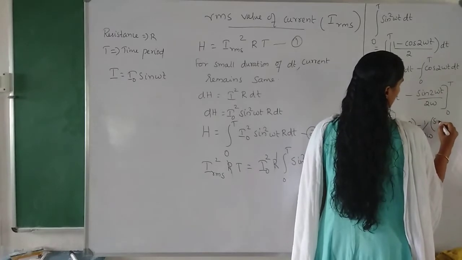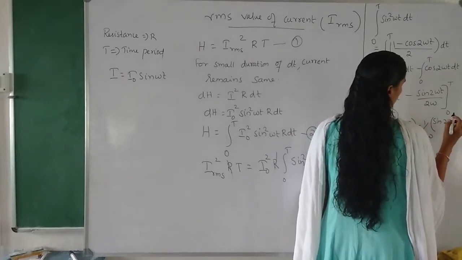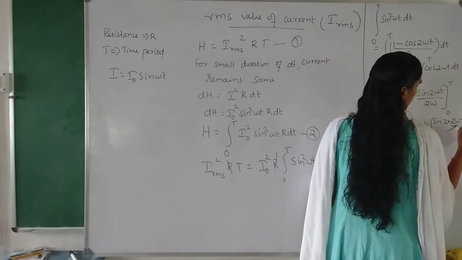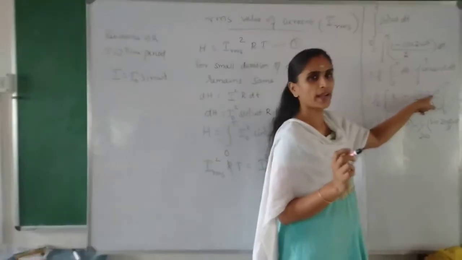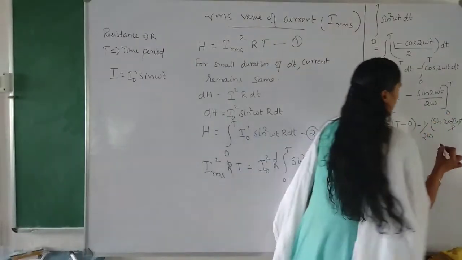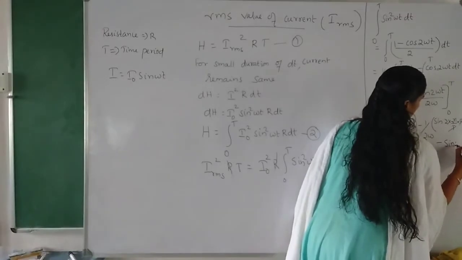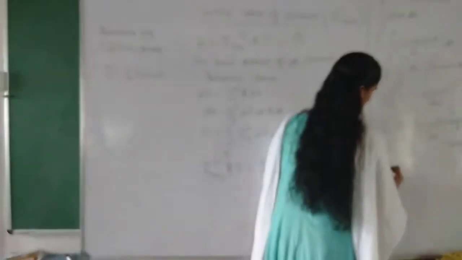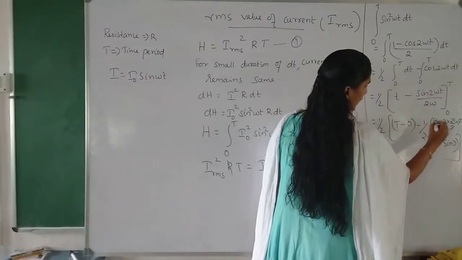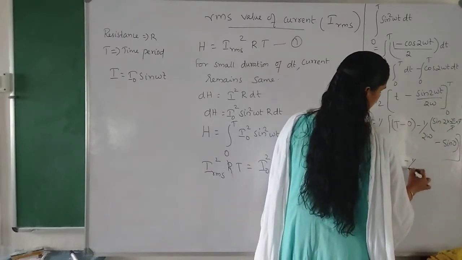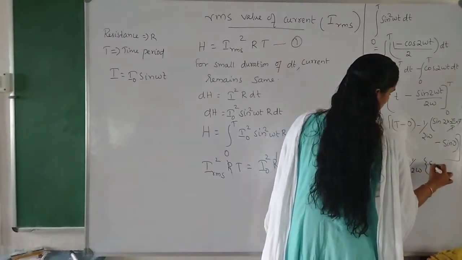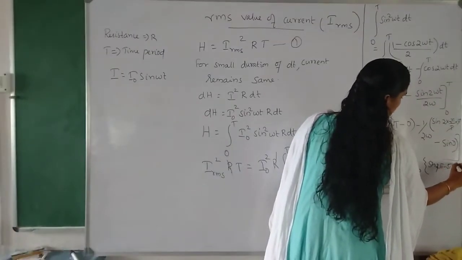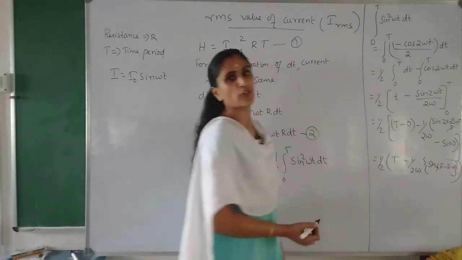Now we can write it as sin of 2 into 2 pi by T into T, minus sin 0, since omega is 2 pi by T. Or we can write it as 1 by 2 into T, minus 1 by 2 omega into sin 4 pi minus sin 0.